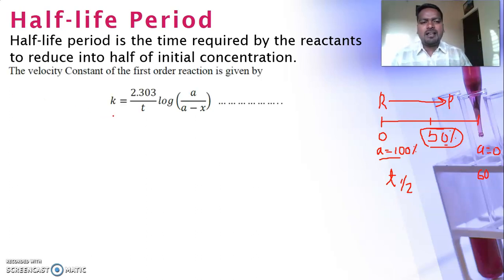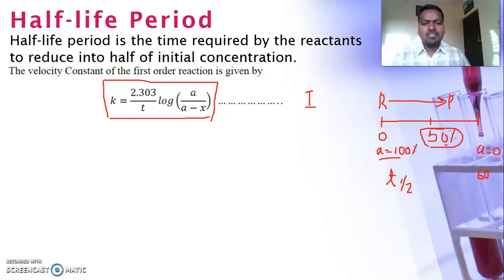In the previous class we derived the integrated rate expression for the first order reaction, and that is k is equal to 2.303 divided by t into log of a divided by a minus x.